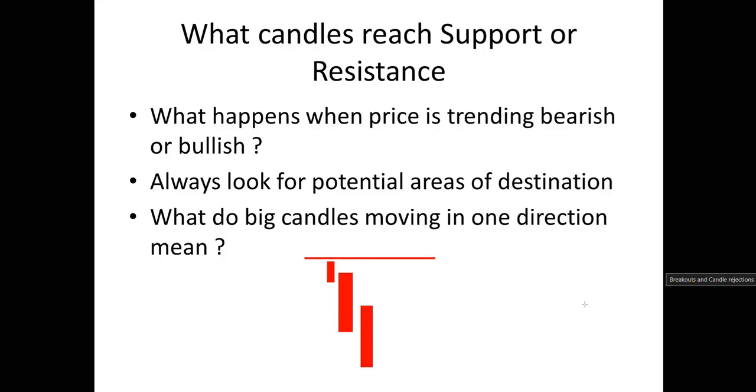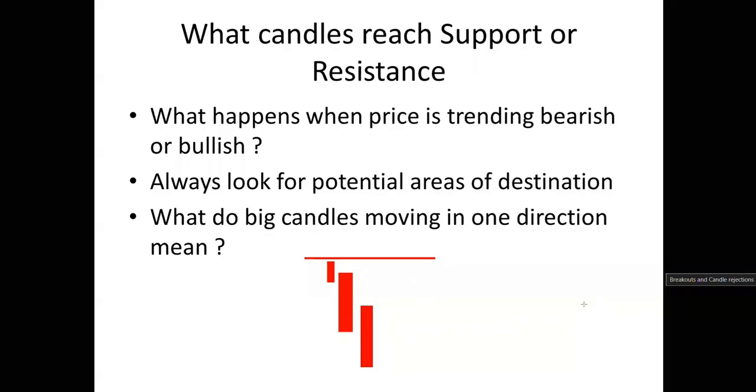Most times what happens is that when we come to the New York session, we see big moves that happened in London, where you'll have either a huge bearish trend or a huge bullish trend. What this means is that these big moves happened, so maybe those were your trades. Those big candles are your trades.